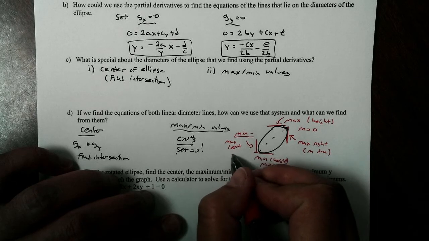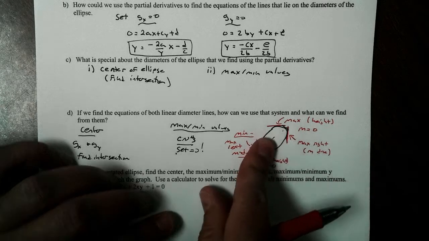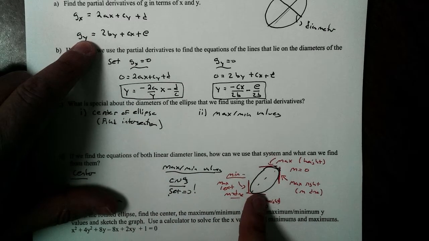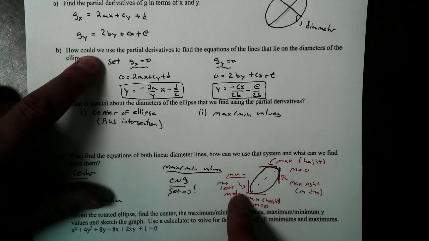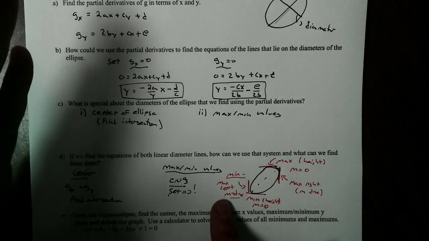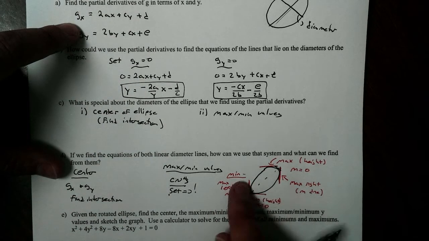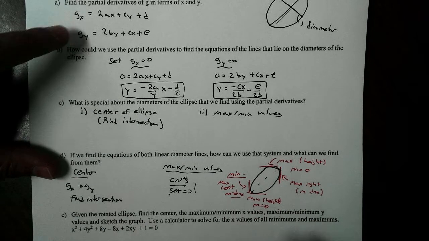And the same idea, the slope here does not exist. So we can find these if we set our partials equal to 0, because what that's going to find for us are those critical numbers, in terms of the change in x's and the change in y values.